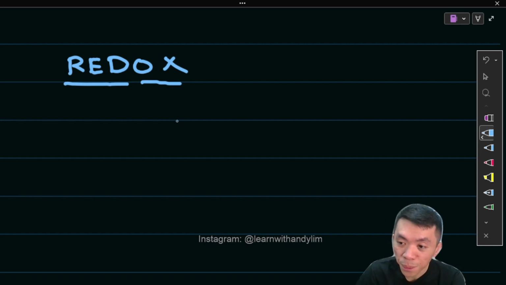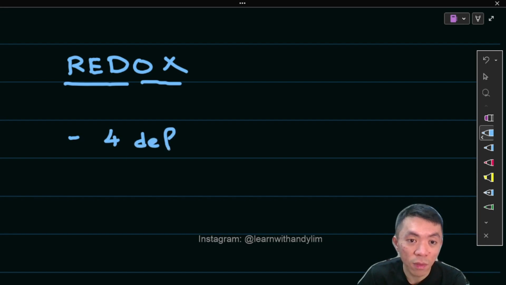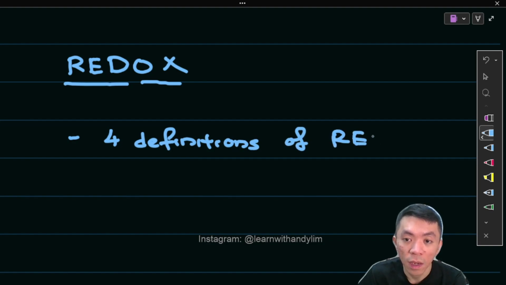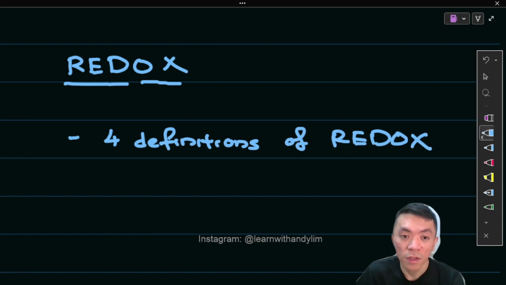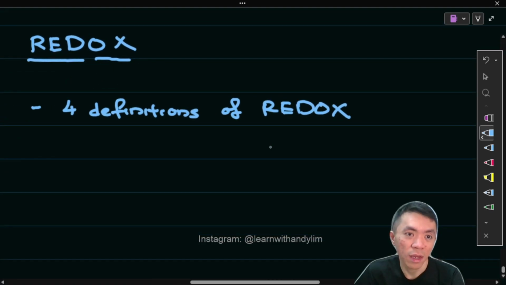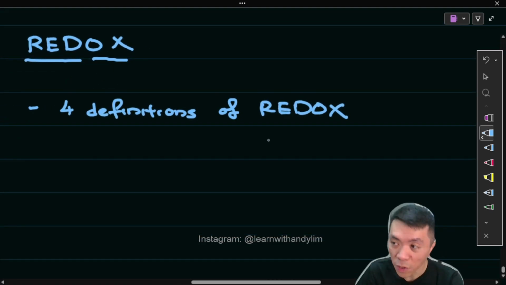However, in Form 5 SPM, there are 4 definitions of redox. Let me just quickly write it down. Definitions of redox. How do I tell whether it is a redox? So there are 4 definitions.